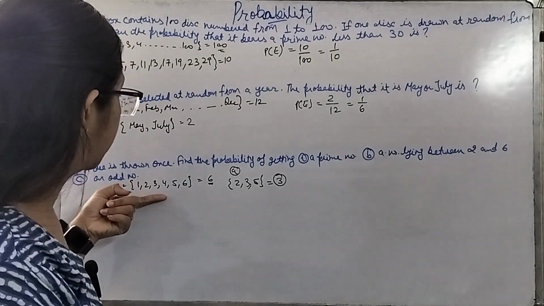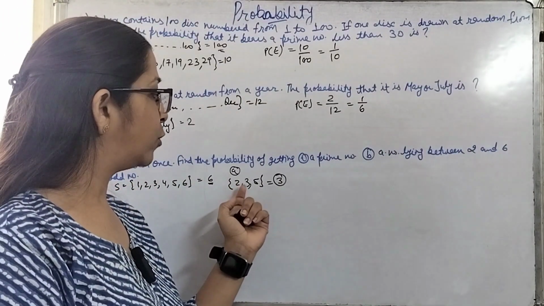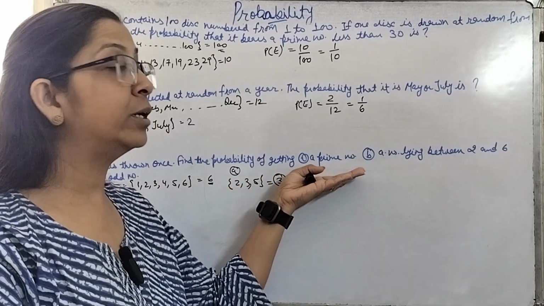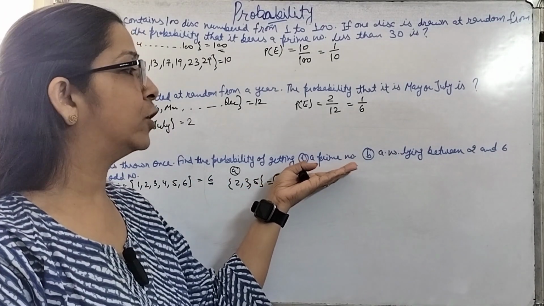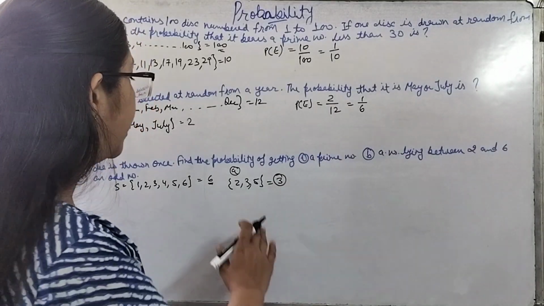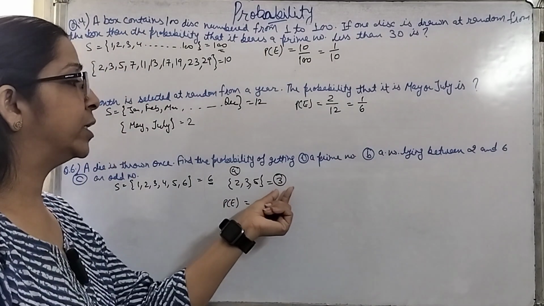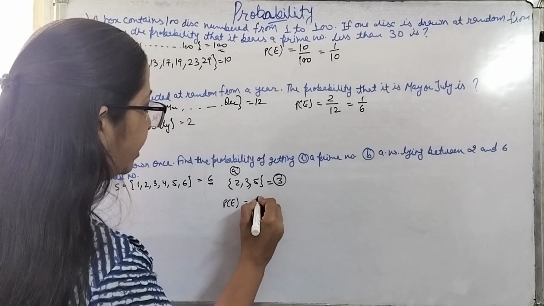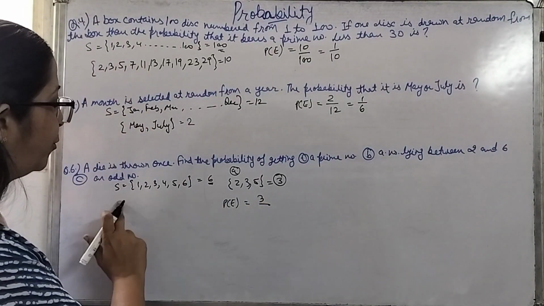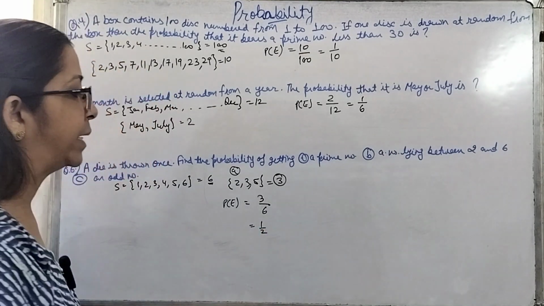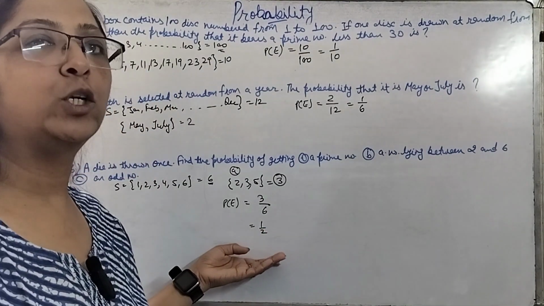Out of these 6 numbers, if either 2, 3, or 5 comes, these are favorable for getting a prime number. The probability of getting a prime number will be the total favorable outcomes, 3, divided by the total possible outcomes, 6. So the probability of getting a prime number is 1 upon 2.